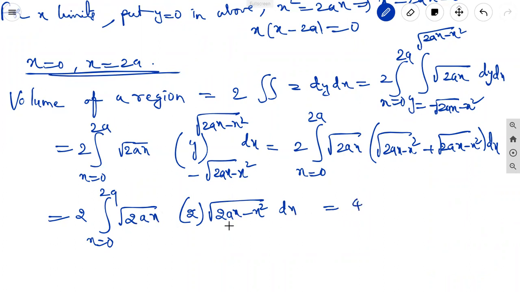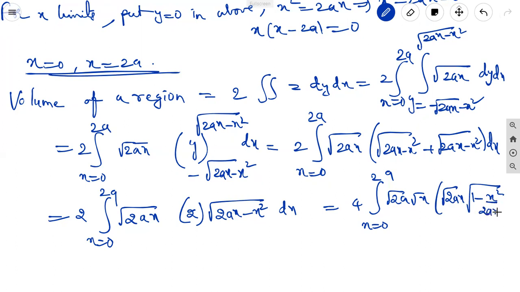We can take in common 2ax, integral x equal to 0 to 2a. Root 2a root x, in this common, root 2ax under root of 1 minus x square by 2ax dx.